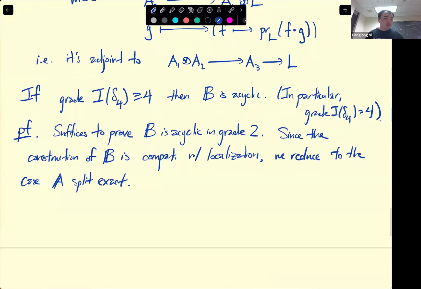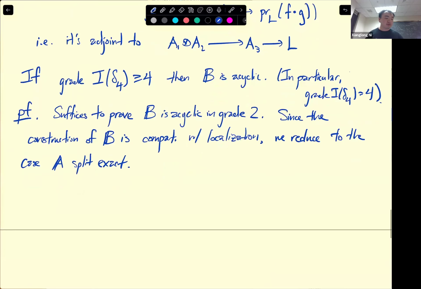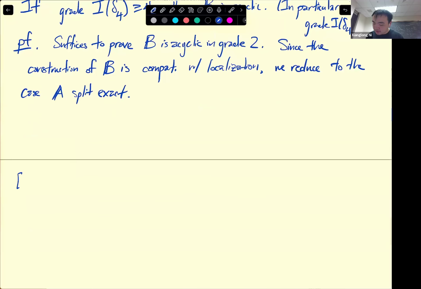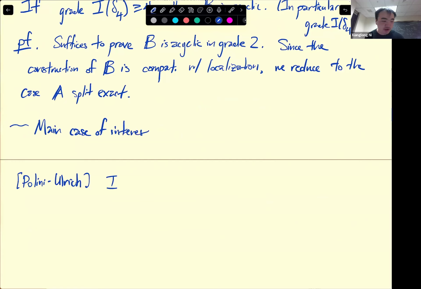So now I want to comment a bit about potential generalizations of this. I'll mention that independently, Pollini and Ulrich in unpublished work have shown something. Well, I should also say that the main case of interest is when A3 is R2.